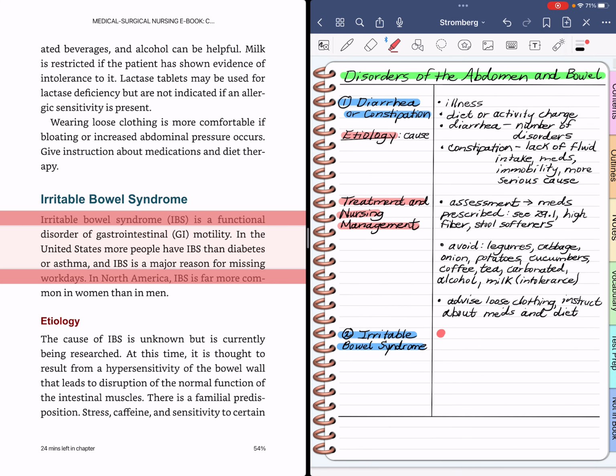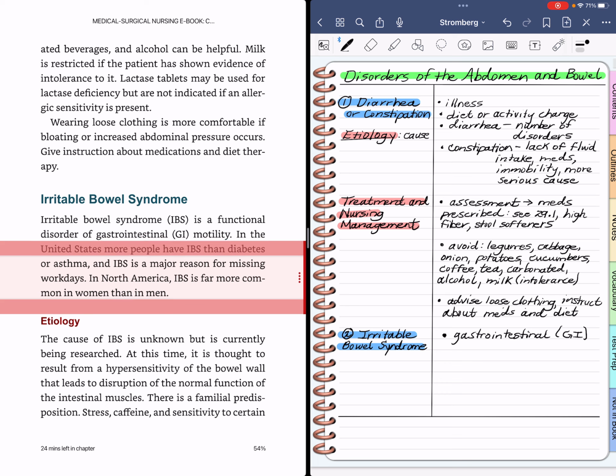Gastro makes me think stomach. Intestinal makes me think intestines or bowels. So it is a gastrointestinal issue or a GI issue. Now, if you already know what that means, I would not waste time writing that down. I'm just showing you, if you don't know these terms, now's the time to learn them.